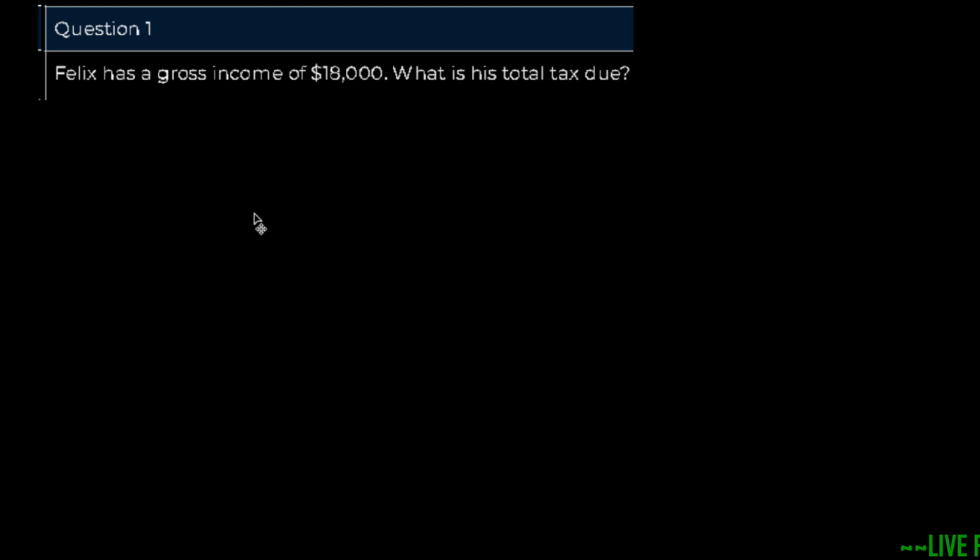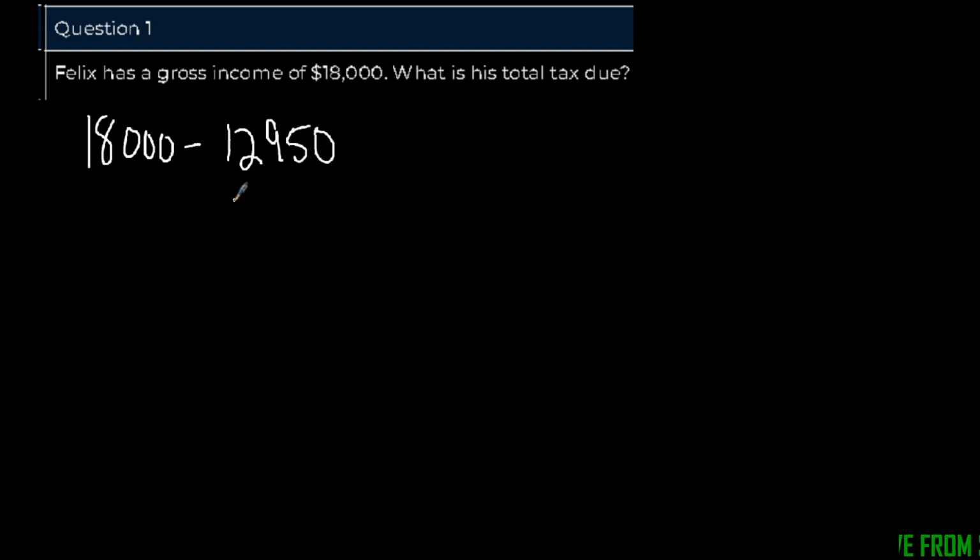So for the first one, it says Felix has a gross income of $18,000. What is his total tax due? So we're going to take 18,000 minus the standard deduction, which is going to be 12,950.